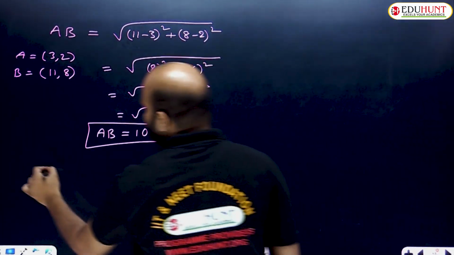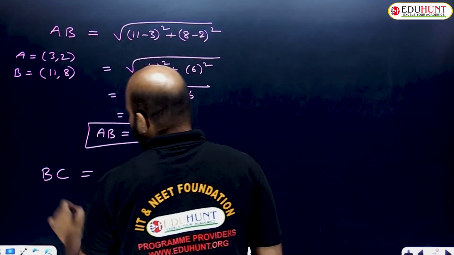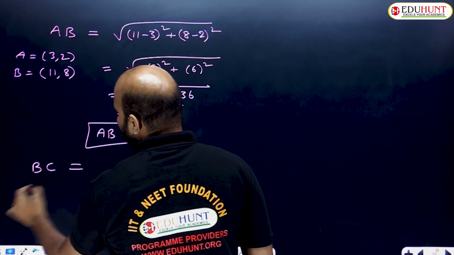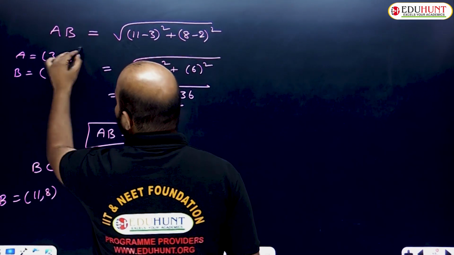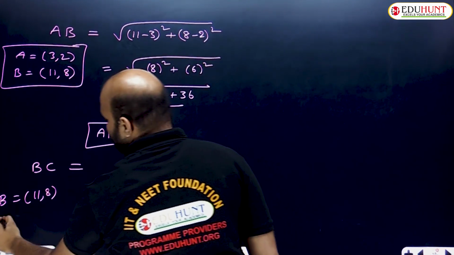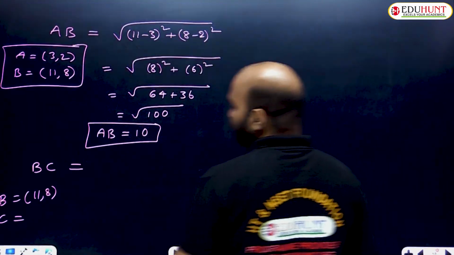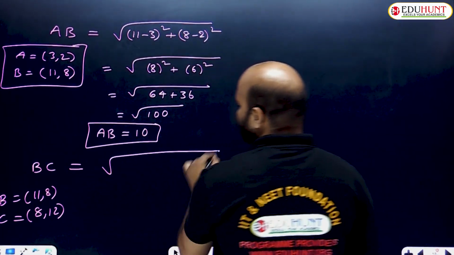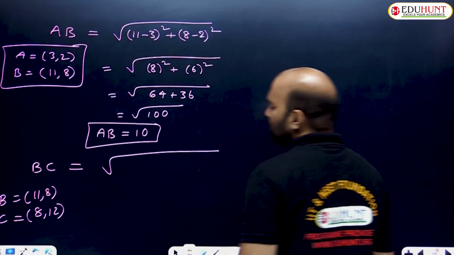Then we have to find BC. So what is the distance between BC? Here B coordinates are 11 comma 8 and C coordinates 8 comma 12. By using the distance formula, square root of x2 minus x1 whole square plus y2 minus y1 whole square.